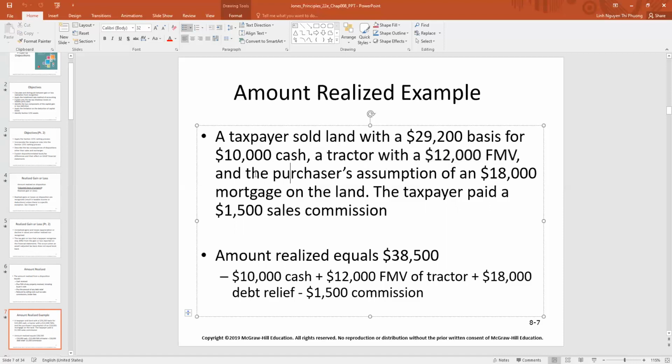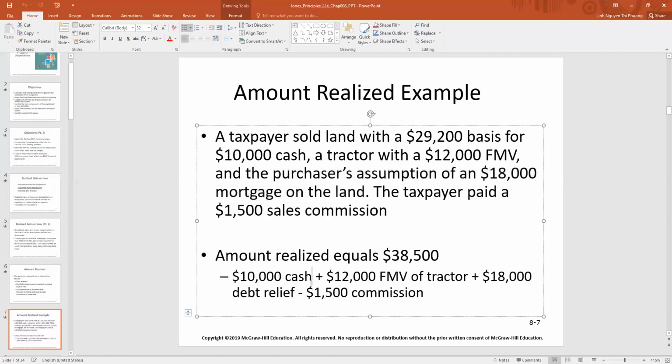And also the purchaser's assumption of an 18,000 mortgage on the land. What does it mean? It means that the buyer will pay the debt of $18,000 that the taxpayer has on the land. We say that this is a relief of debt.